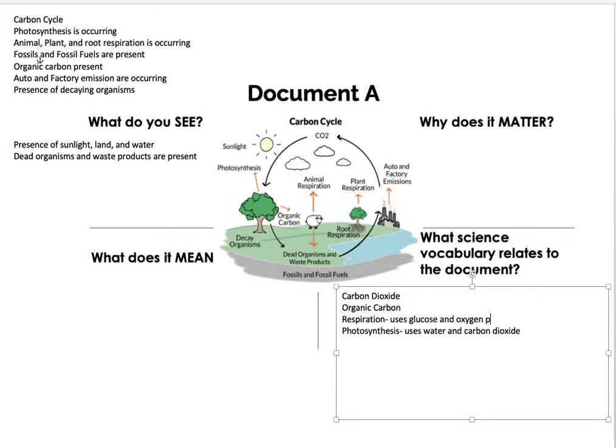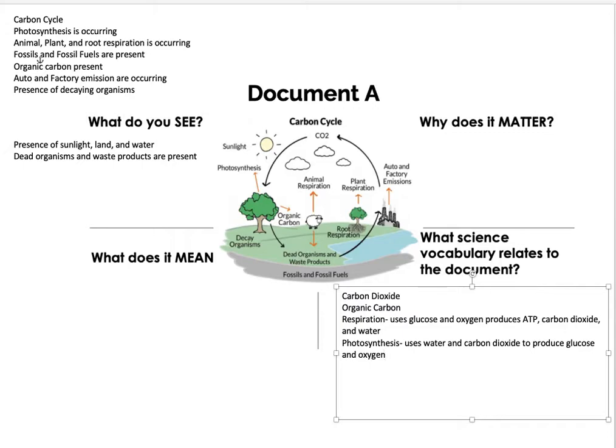Okay, respiration produces ATP, carbon dioxide, and water. And photosynthesis uses water and carbon dioxide to produce glucose and oxygen.